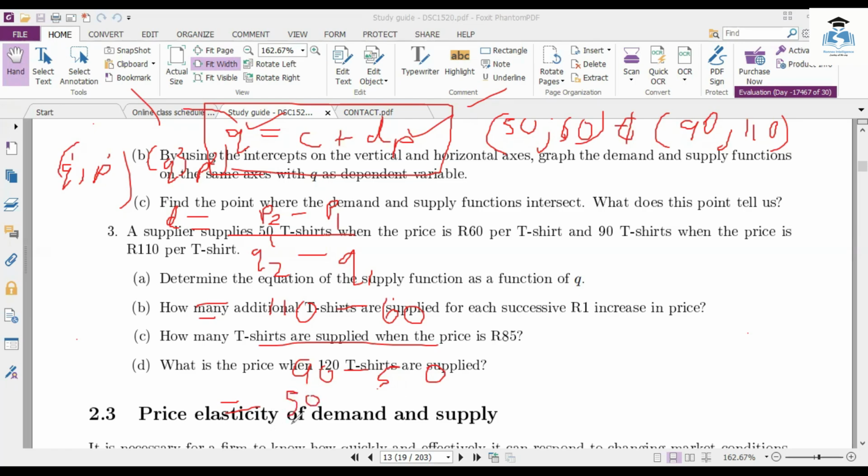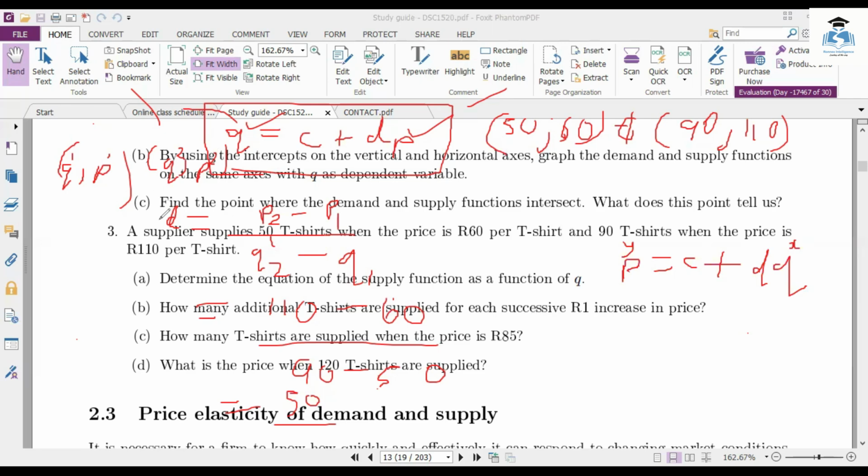I think we should have the inverse of this fraction because quantity goes on the numerator, right? Remember what I said. Our equation is P equals C plus DQ, and our P represents the y, and our Q represents the x.